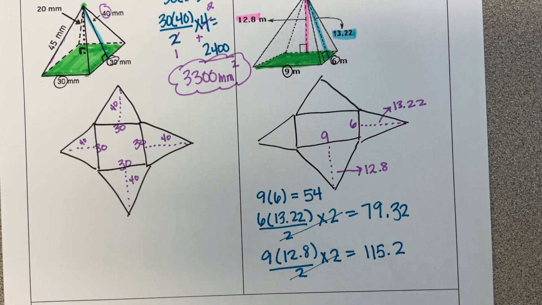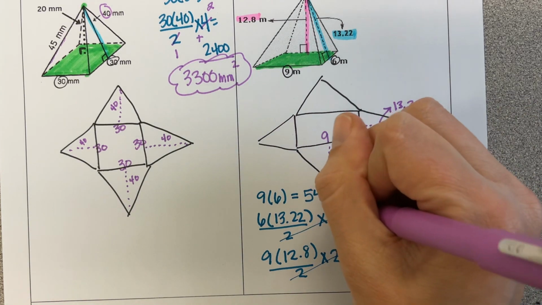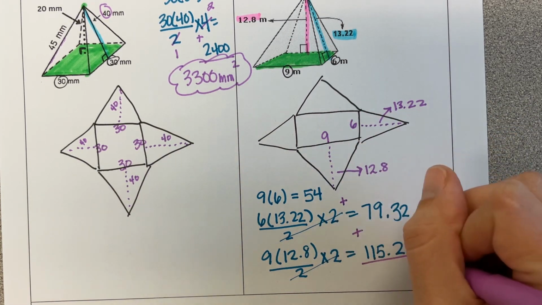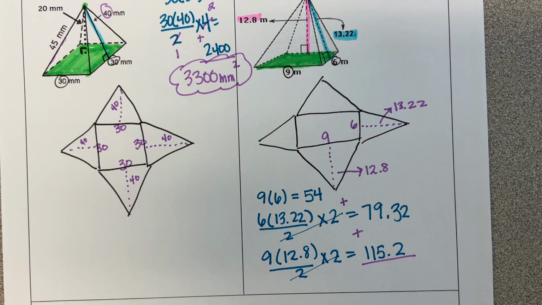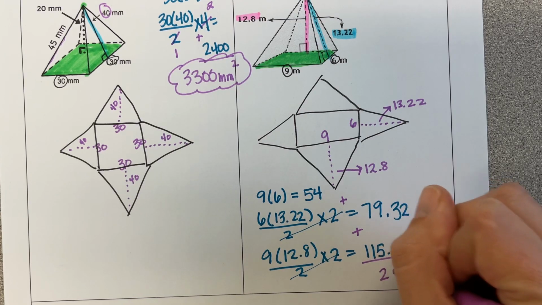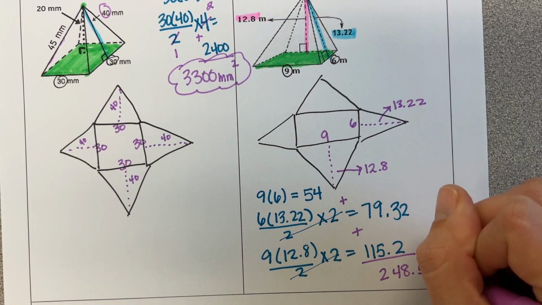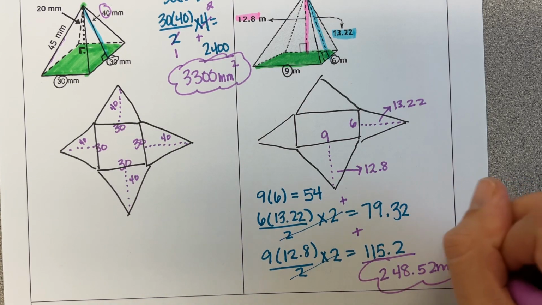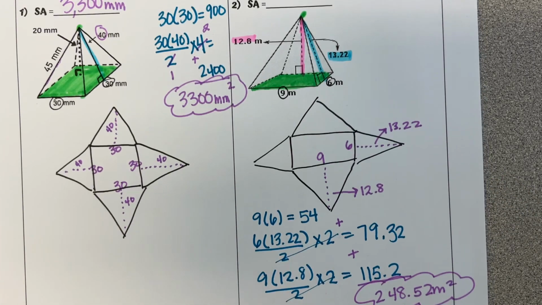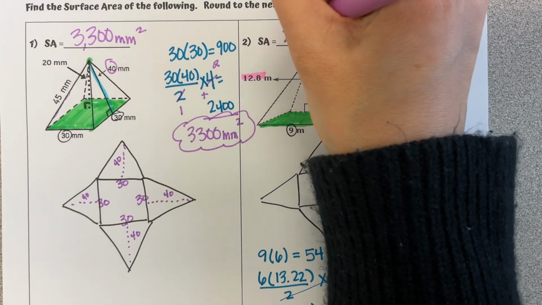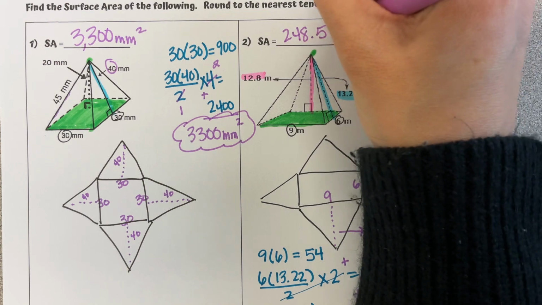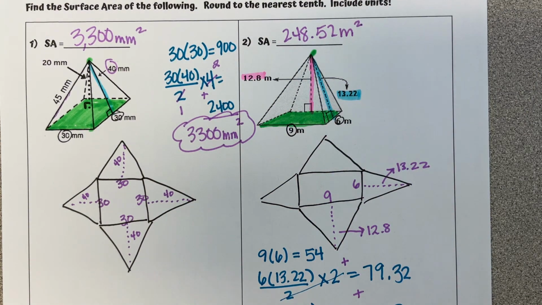And then we're going to add these all together, the 54 plus the 79.32 plus the 115.2, to get that the total surface area is 248.52 meters squared. And I'm going to write that up here as well, 248.52 meters squared.